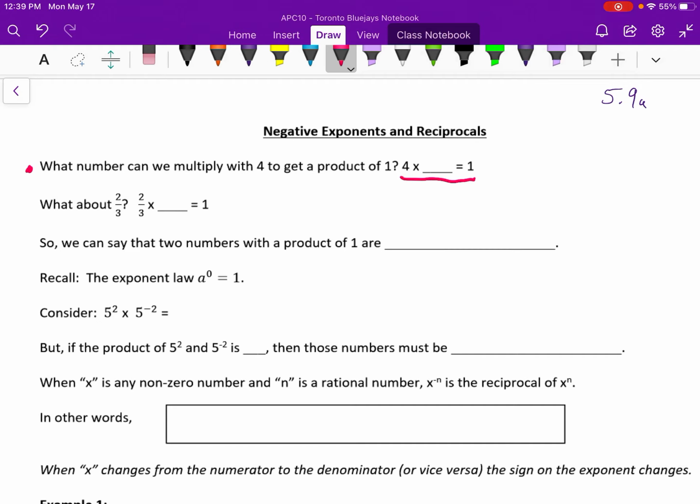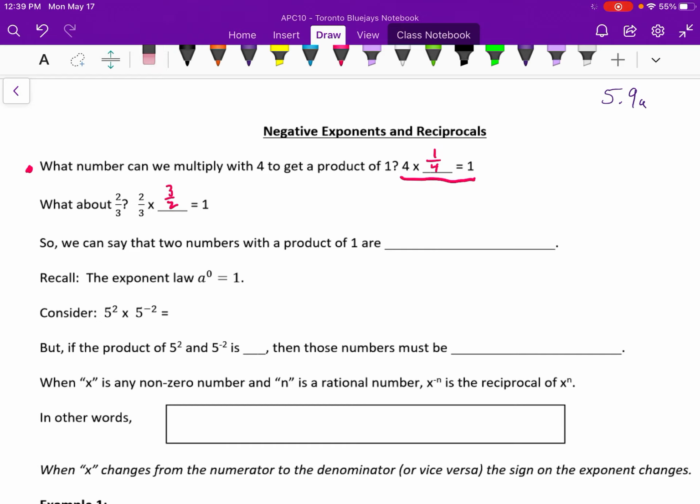What is the reciprocal of 4? Well, it's 1/4. 4 times 1/4 is indeed 1. How about 2/3? Well, consider the reciprocal of 2/3, which is 3/2. Now, 2/3 times 3/2 is going to be 6/6, which is 1.